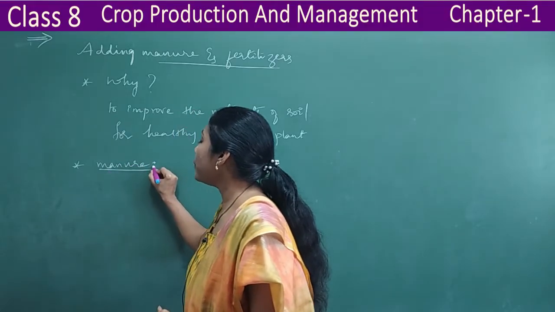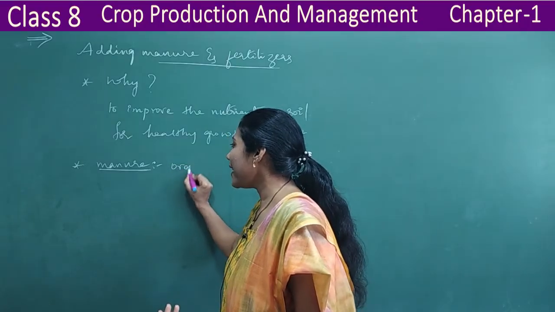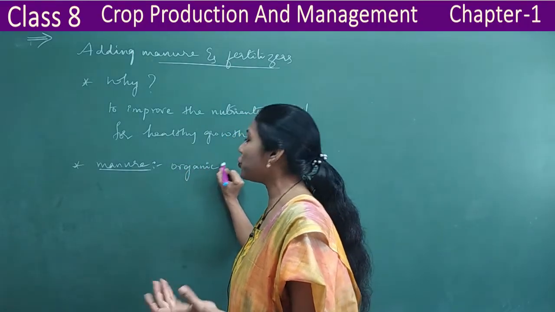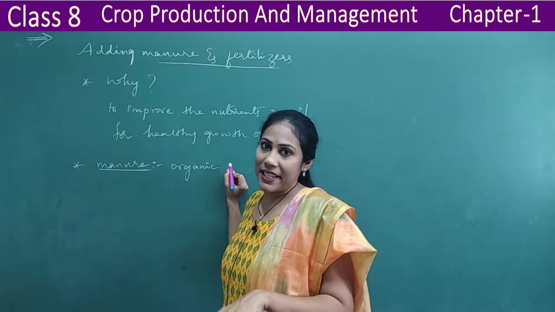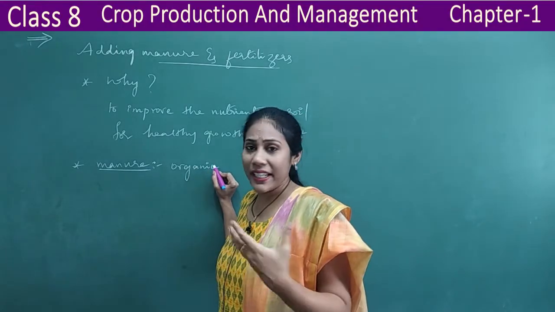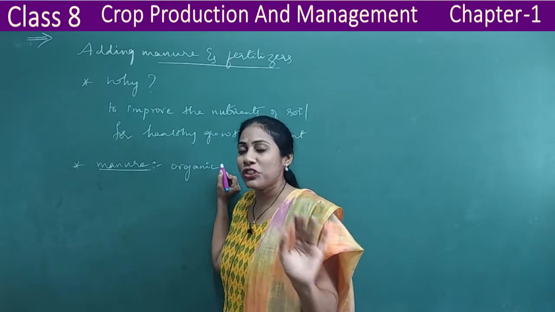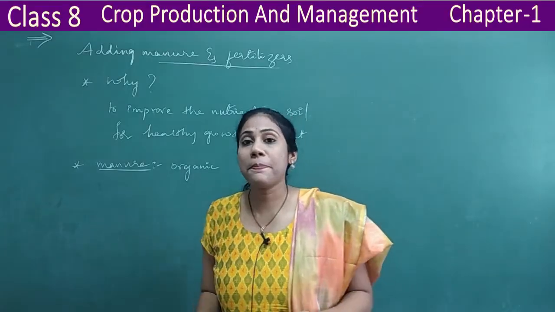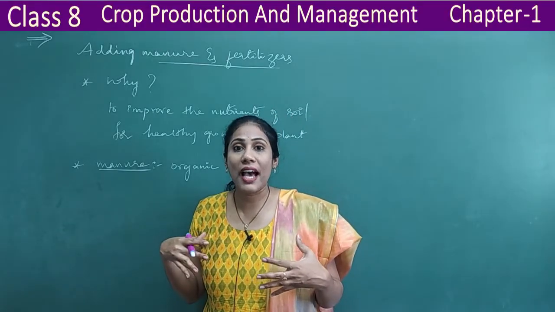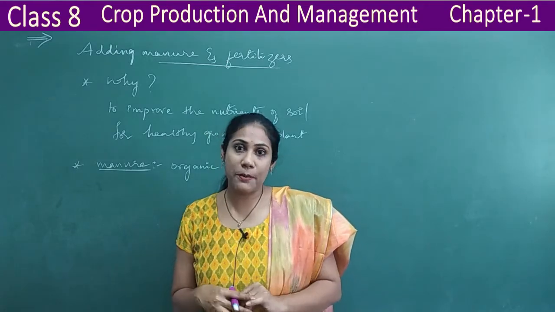So what is a manure? Manure is actually an organic substance. Organic substance is nothing but a natural chemical. Natural chemical substances are called organic substances. It has a very deep meaning, some chemical meaning is there, but as of now, just try to remember organic substances are the chemical substances which are naturally present in natural substances.